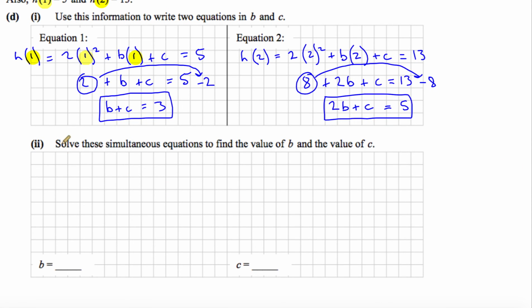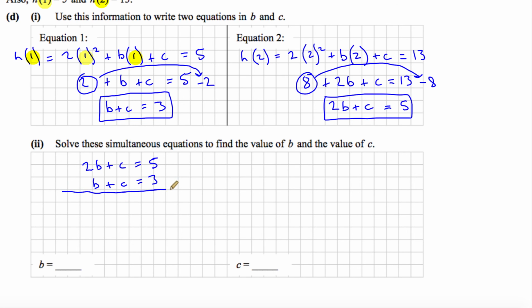Okay, part 2 says solve these simultaneous equations to find the value of b and the value of c. Okay, so I'm going to write these two equations above each other. So 2b plus c is equal to 5. And the other equation then is b plus c is equal to 3.